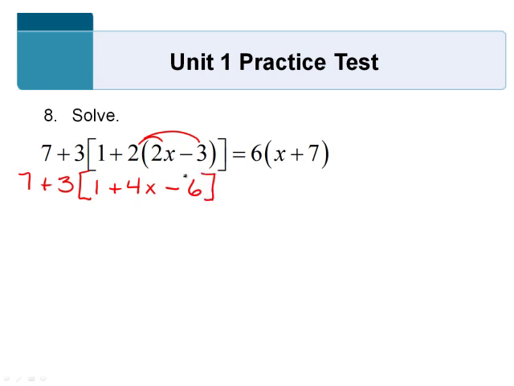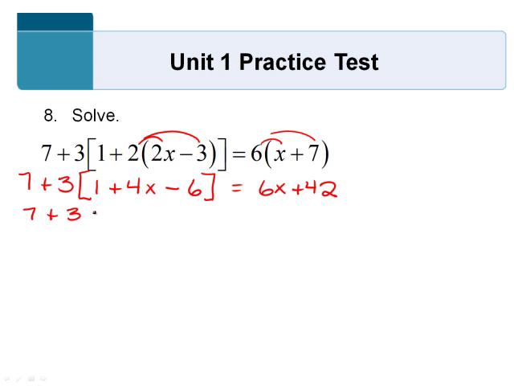Now notice my parentheses are gone, but the brackets are still there. And then distribute the 6 on the right hand side would give you 6x plus 42. Okay, now back on the left, we're still bringing down the 7 and the 3. At this point you can go two different ways. You could distribute the 3 through the brackets to all three terms. That would work.